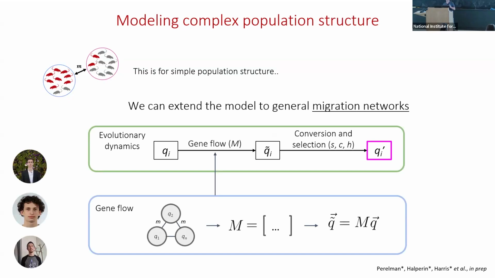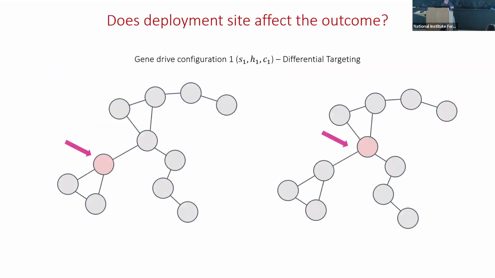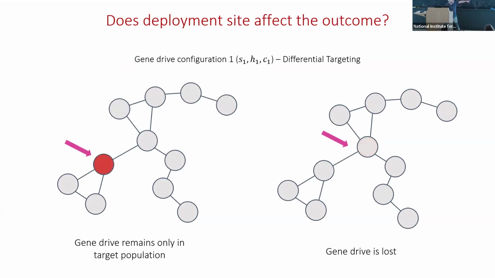And what we see here is if we took the same network and the same gene drive and just considered releasing the gene drives in different populations in the network, we can show that, for example, in this case, the gene drive that's released here, this is a differential targeting gene drive. It does what it's supposed to do, spreads only in the target population, but over there it doesn't.